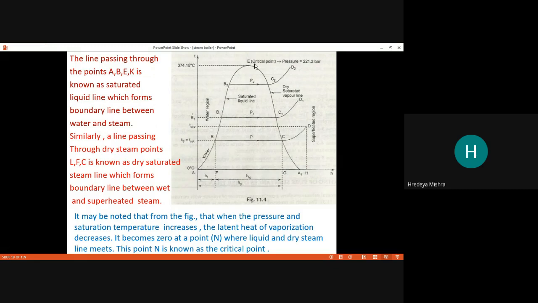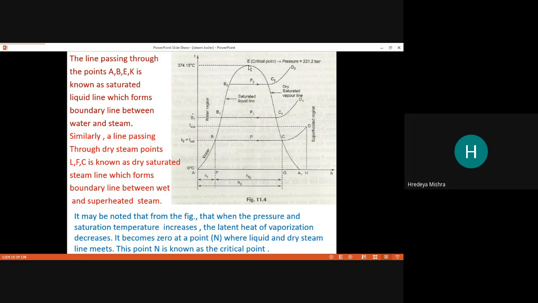At this critical position, the latent heat is not taking place. What is the meaning of that? It means that at this high pressure, the water is directly converted to steam when the temperature is increased.